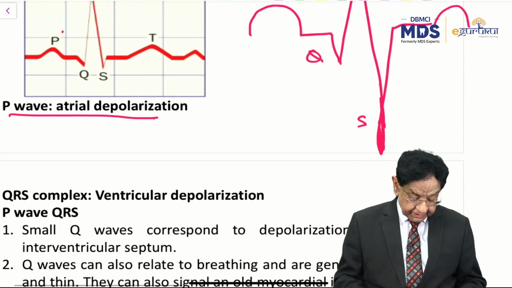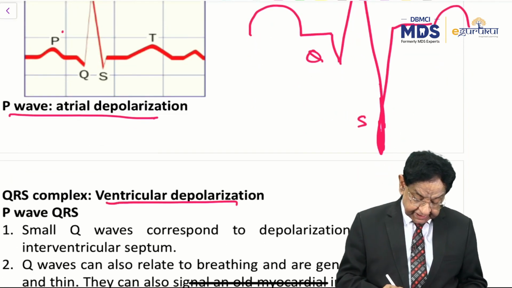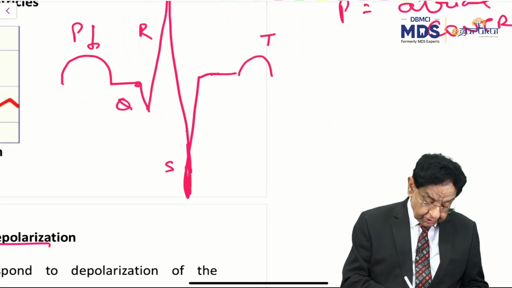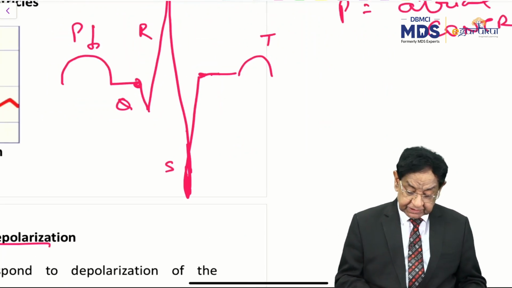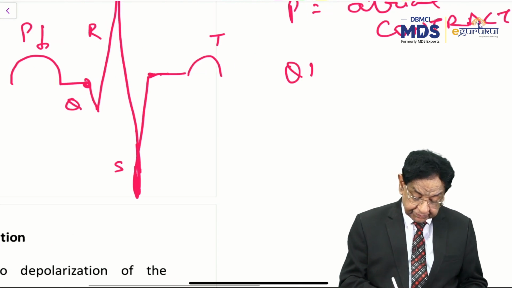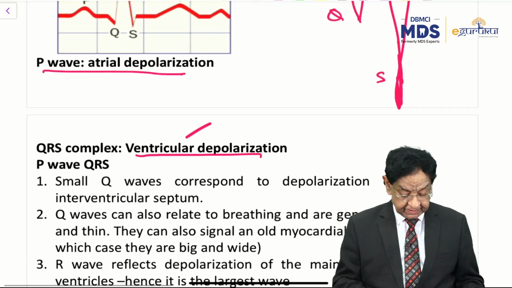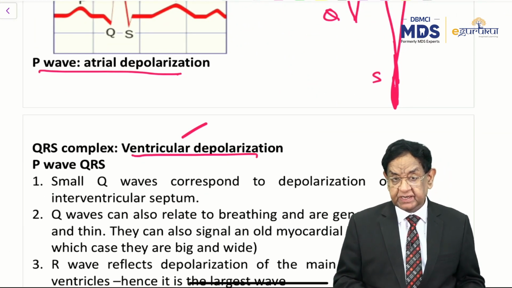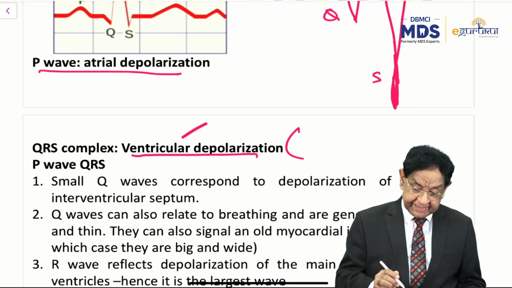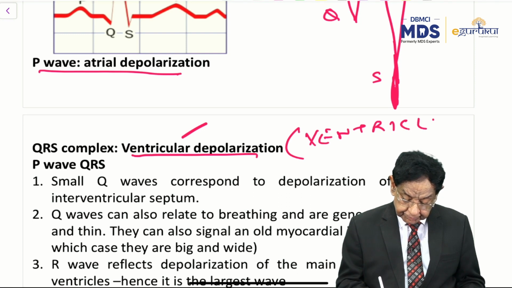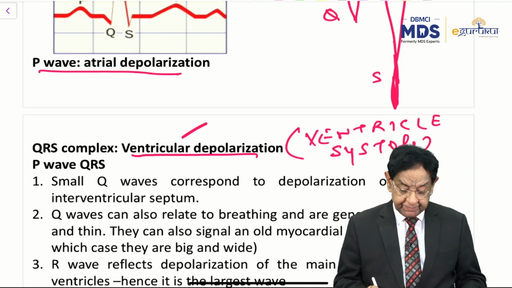After that, QRS indicates ventricle depolarization. Electrically we call it depolarization, but mechanically, it indicates ventricle systole. Okay.